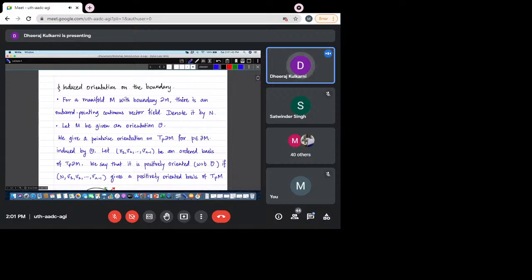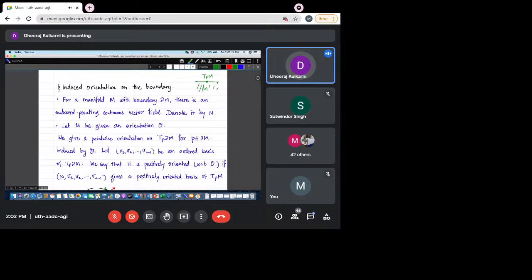If you have a manifold of dimension n, then at any interior point of M, the tangent space of M, T_pM, has dimension n. But then the question is, what if we choose a point on the boundary of this manifold? If you take a boundary point, what should be the tangent space of M at the boundary point?